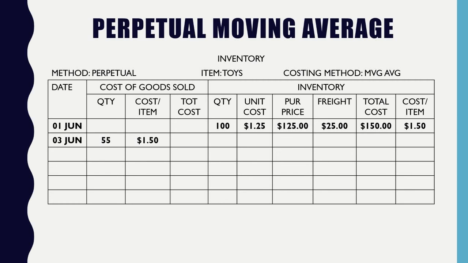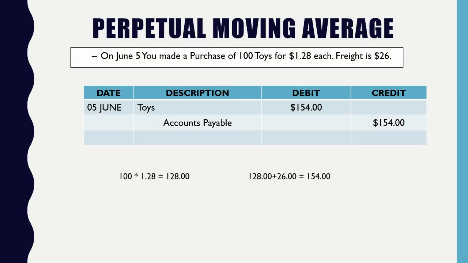I'm going to take that $1.50, put it there, and calculate what that total is, which gives me $82.50. From there, I subtract it out, and I'm going to get a remainder of 45 units at a grand total of $67.50, which is still $1.50.